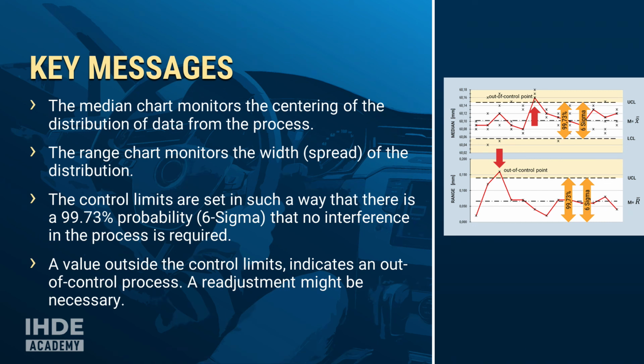The range chart monitors the width of the distribution. The control limits are set in such a way that there is a 99.73% probability that no interference in the process is required. A value outside the control limits indicates an out-of-control process. A readjustment might be necessary.